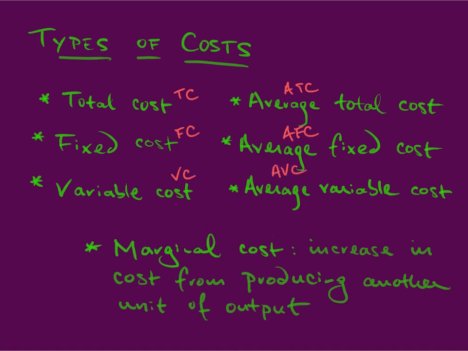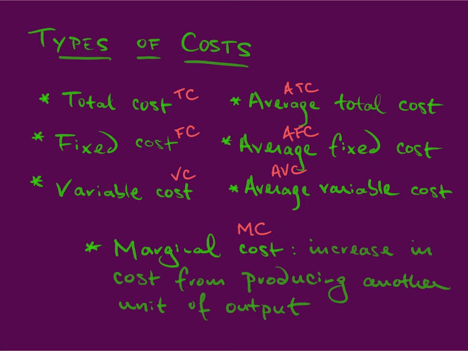If you see an abbreviation and the last letter is a C, it's referring to a cost. If the first letter in the abbreviation is an A, it stands for average. And if the first letter in the abbreviation is an M, it is marginal. Okay, so MC, marginal cost. This is the most important cost, really.